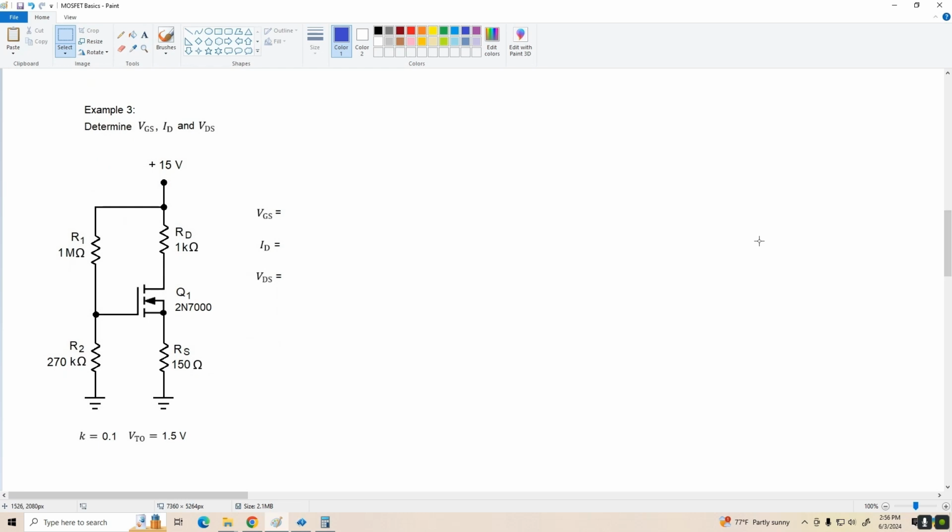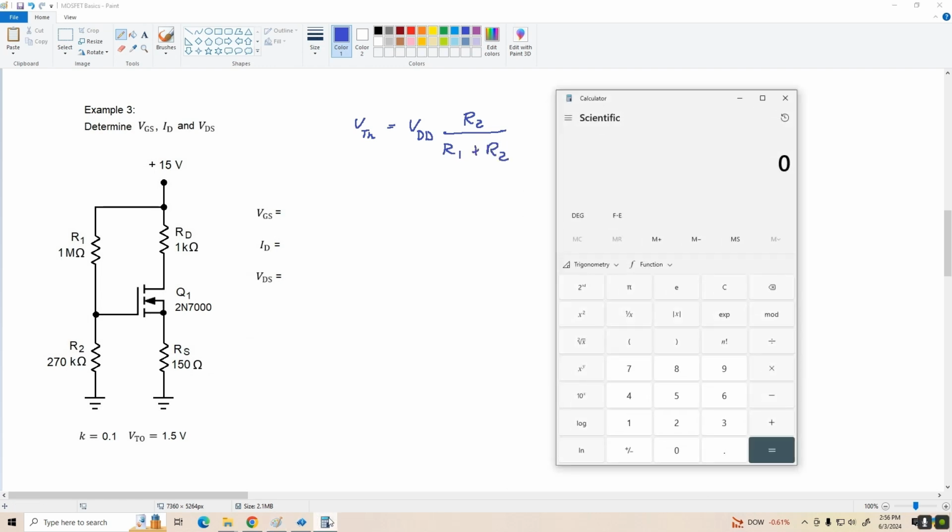Our circuit uses a 2N7000. We've got an RS of 150 ohms, and the first thing we want to do is evaluate VTH. VTH equals VDD times R2 over R1 plus R2, and that gives us 270 divided by 1270 times 15 volts.